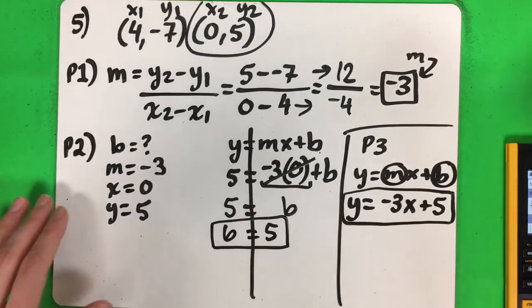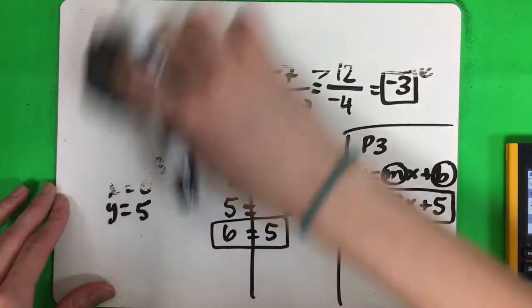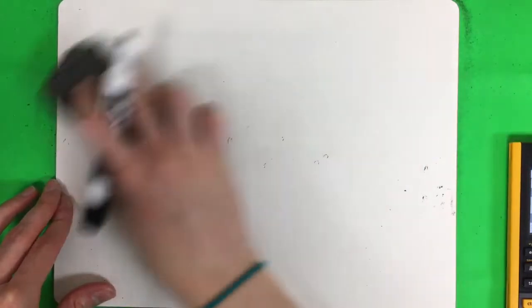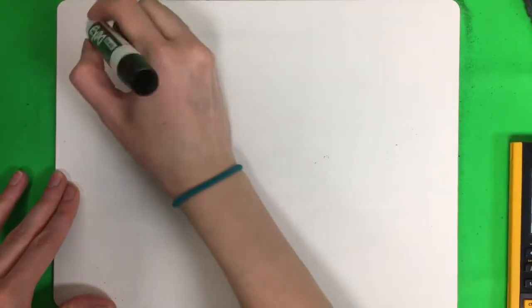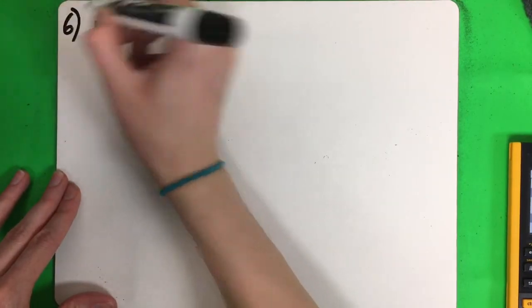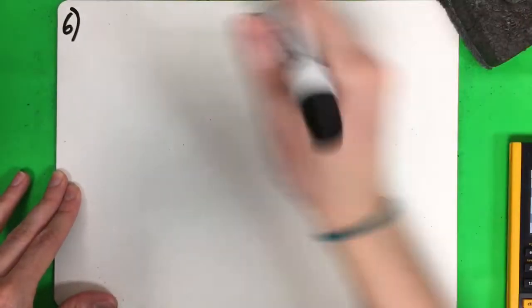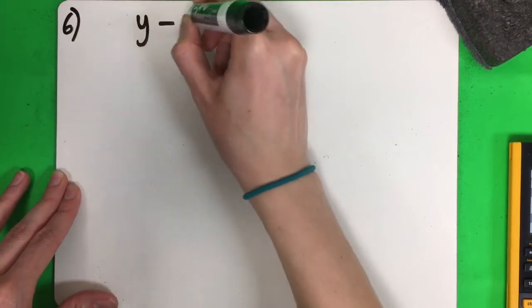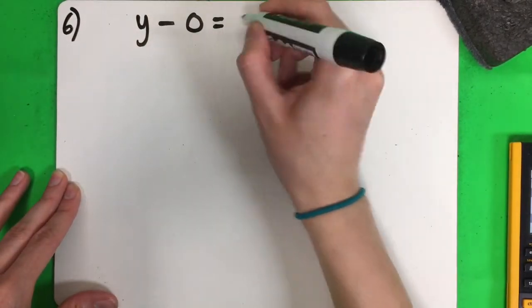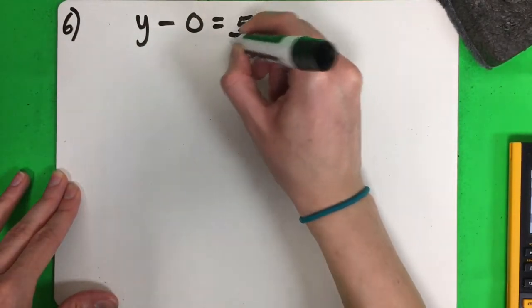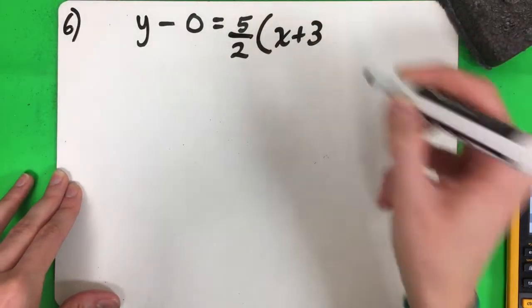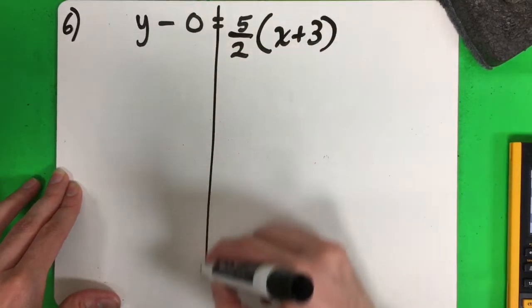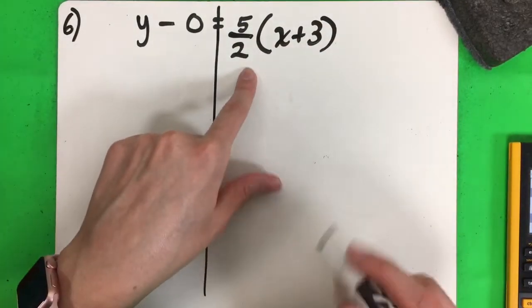Okay, let's keep going. Number 6. I have y minus 0 equals 5 halves times x plus 3. I'm going to put my line. Parenthesis first, okay?